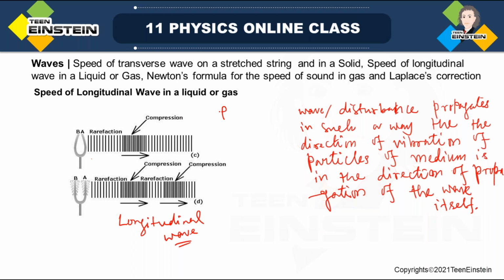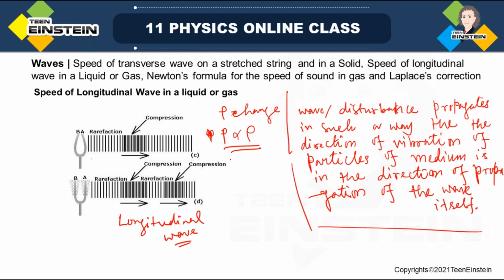Compression means change in density. Density changes because of compression or rarefaction. Density changes, so rho changes, and we know pressure is directly proportional to density.